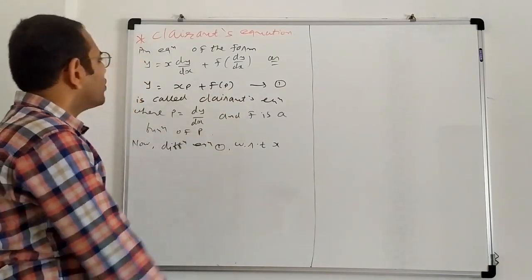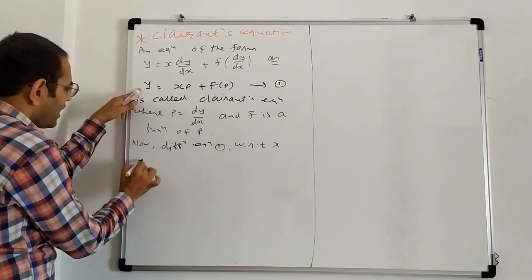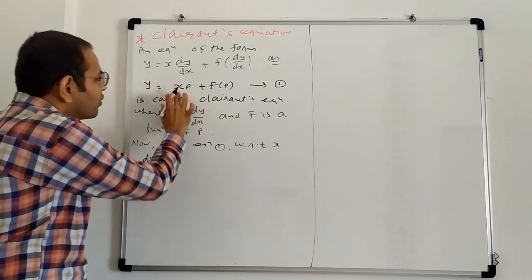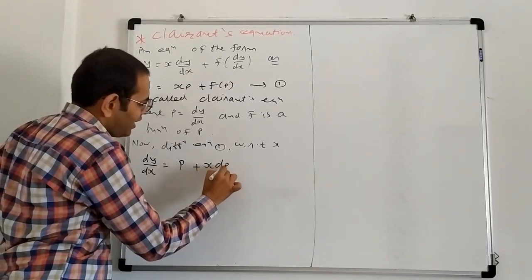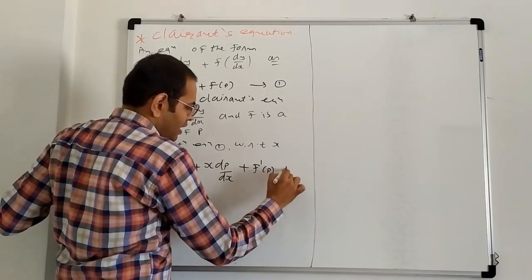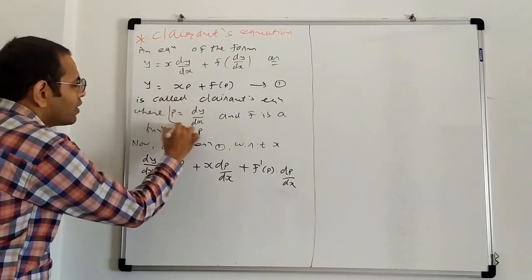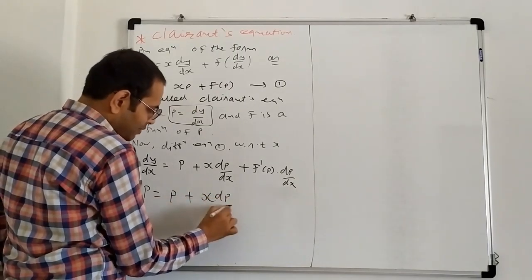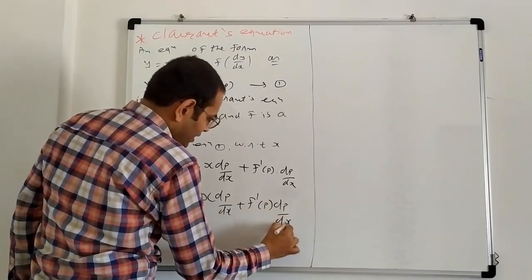Now differentiating equation number 1 with respect to x, we get dy by dx equal to, by product rule, p plus x dp by dx plus f dash p dp by dx. Here dy by dx we replace as p, then p equal to p plus x dp by dx plus f dash p dp by dx.